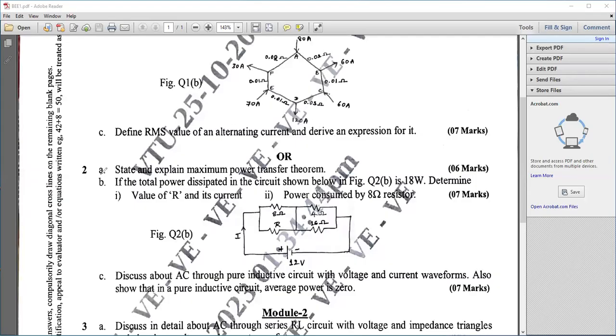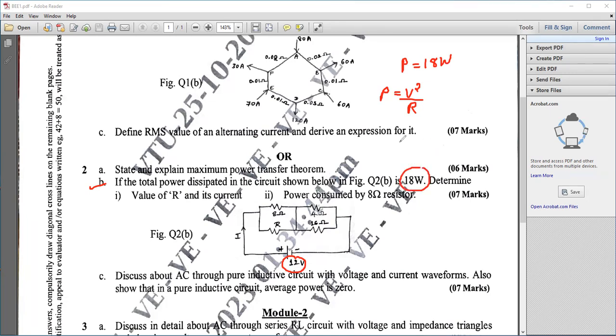Then question number 2B: if the total power dissipated in the circuit is 18 watts, so P is equal to 18 watts, determine the value of R in the circuit. You already know that P is equal to V square upon R. Here V is already given, 12 volt, and P is 18 watts.